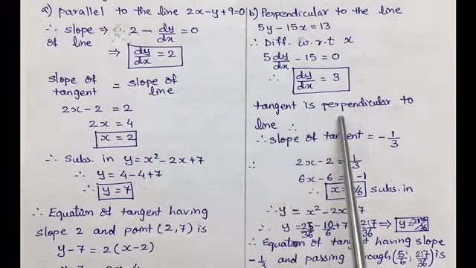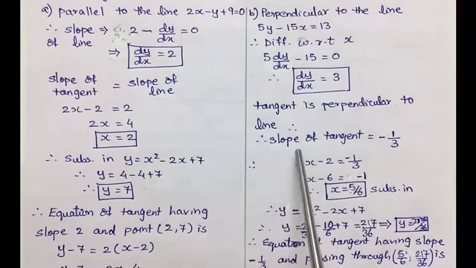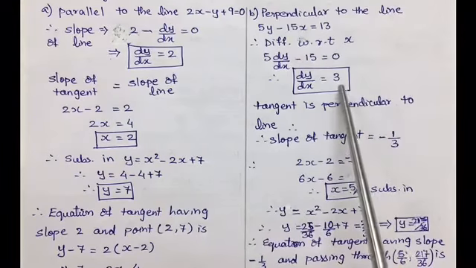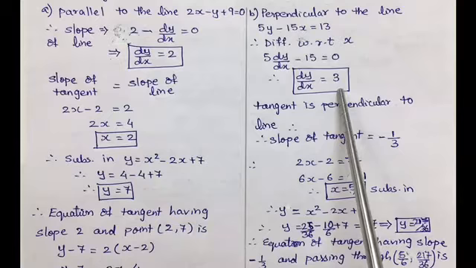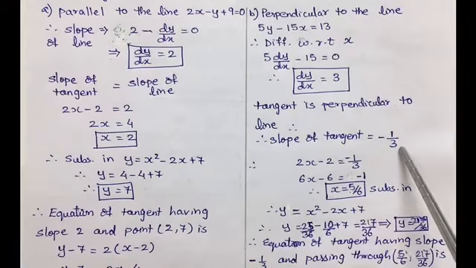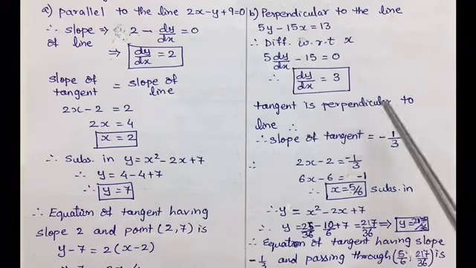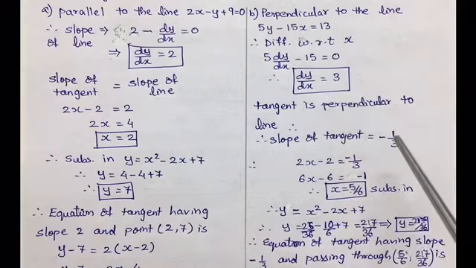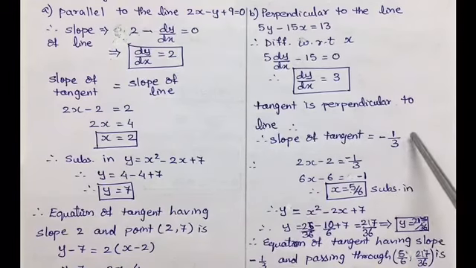Now tangent is perpendicular to line, therefore the slope of tangent will be the additive inverse and reciprocal. So if it is perpendicular, we directly take it as minus 1 by 3. Reciprocal of 3 is 1 by 3. Additive inverse of that becomes minus. So minus 1 by 3.